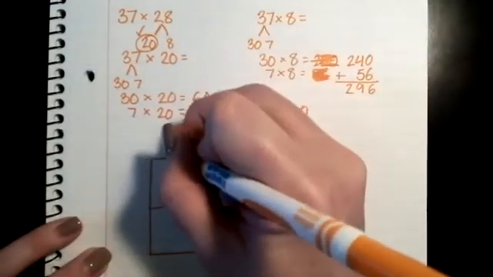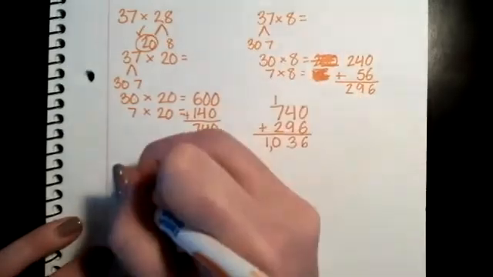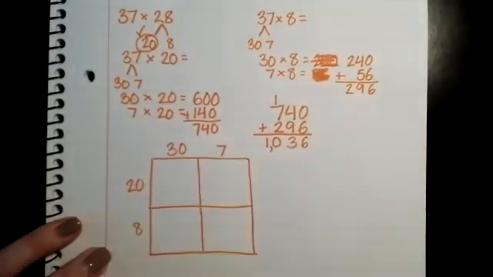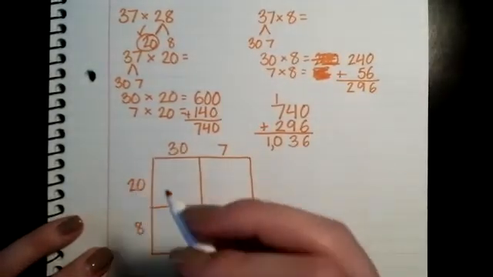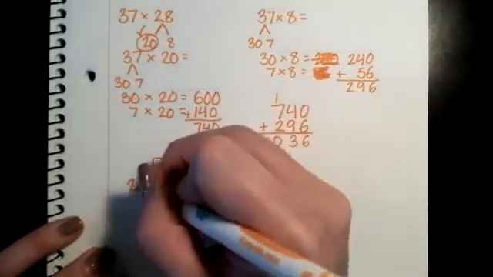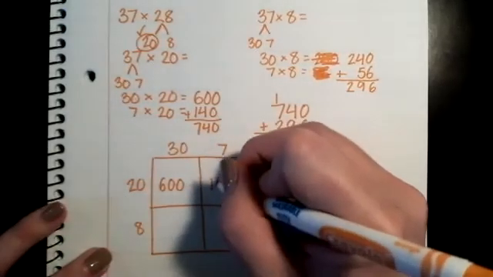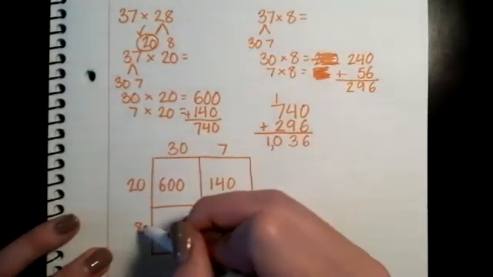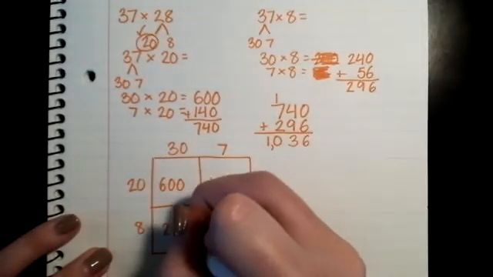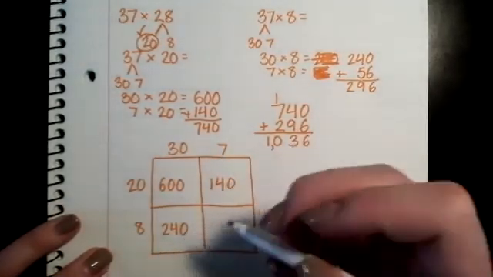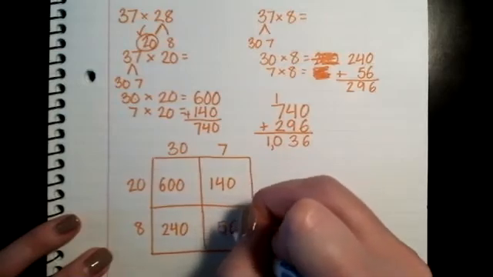Okay, so 37 times 28. All right, 3 times 2, that's 6. And then I've got 2 zeros. 20 times 7, that's 140. 30 times 8, 240. And 7 times 8, 56.